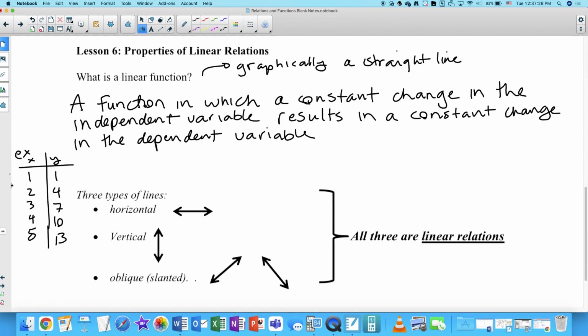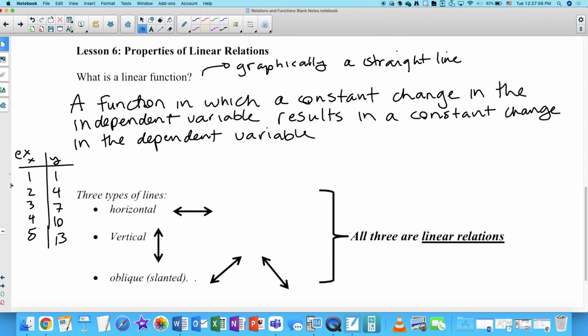Speaking about lines, there are 3 types, but I like to think of it as 4 types. You can have a horizontal line, a vertical line, or an oblique line, which is slanted or diagonal. I like to think of this as when you move from left to right, you slant upwards, or when you move from left to right, you slant downwards.